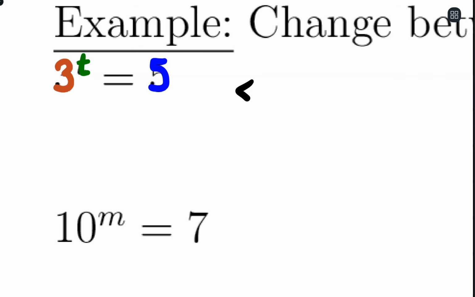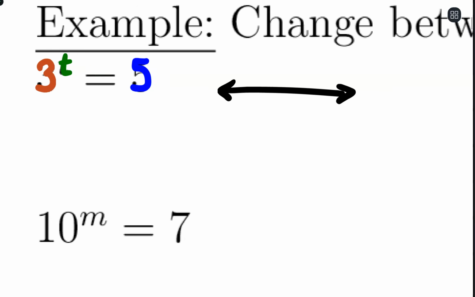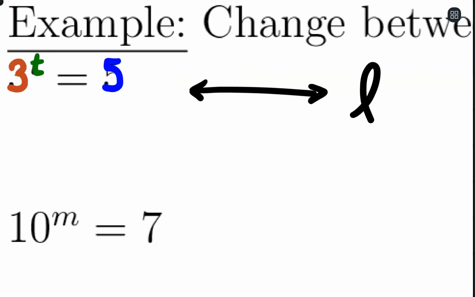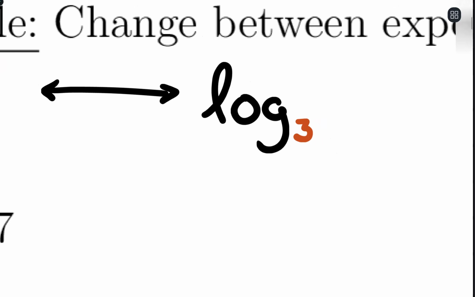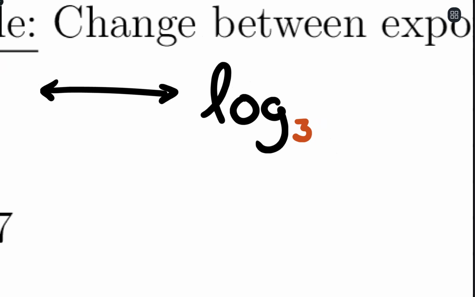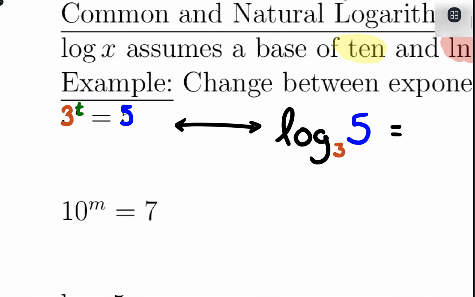What I want to do is change this to logarithmic form. So this is going to be a logarithm with base 3. And then our value inside of the logarithm. So we're taking log base 3 of 5, and that's going to equal that exponent of t.